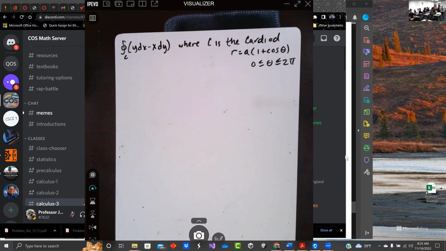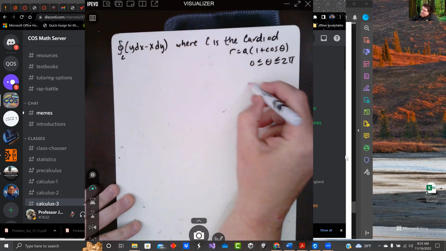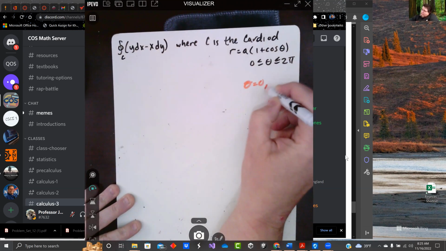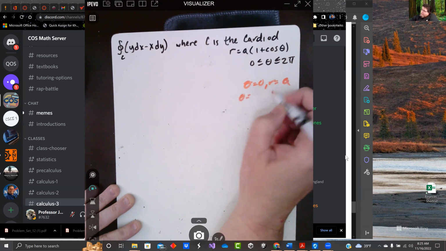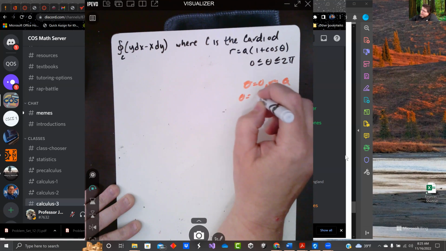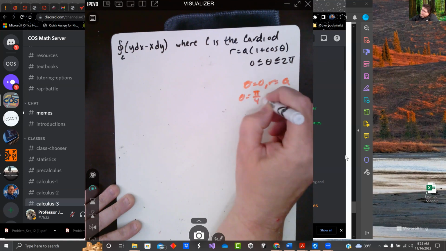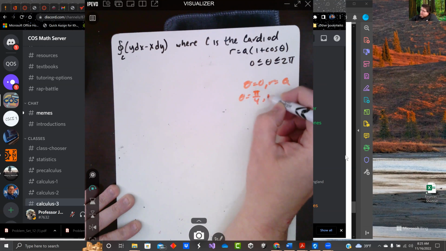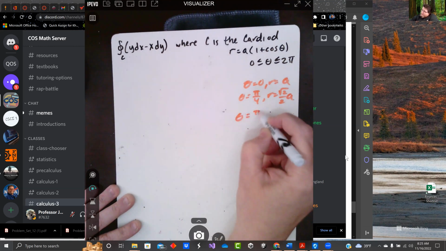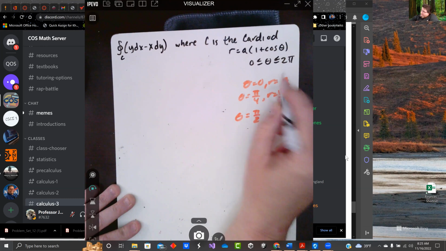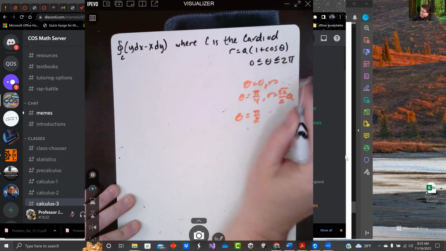What do cardioids look like? Let's see, when theta equals 0, r equals a. When theta equals pi over 4, r equals root 2 over 2 a. So it's getting bigger. At pi over 2, we have 2a up here. It's getting smaller.